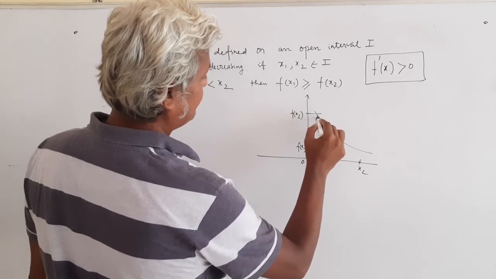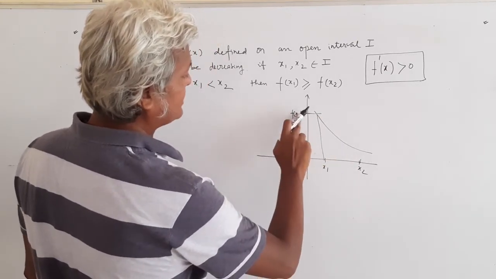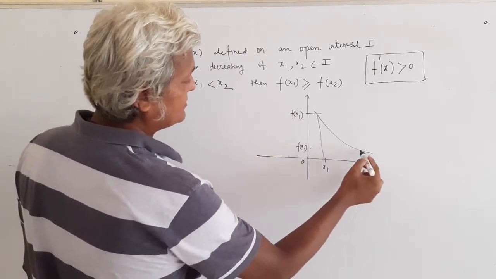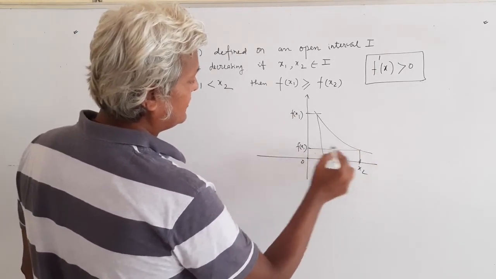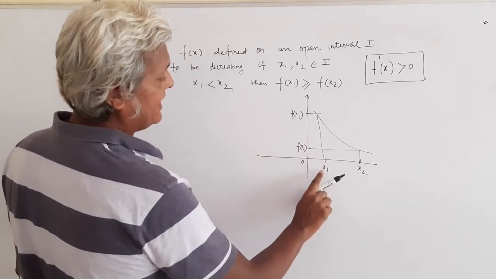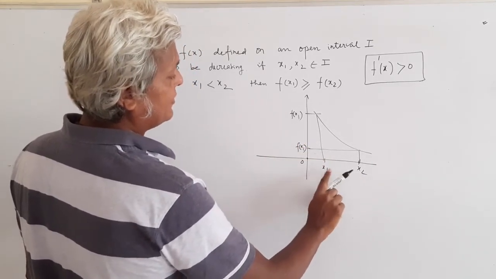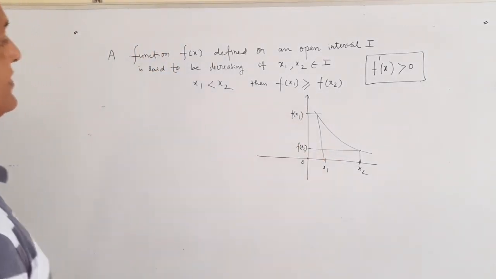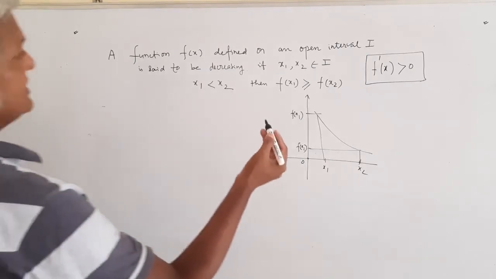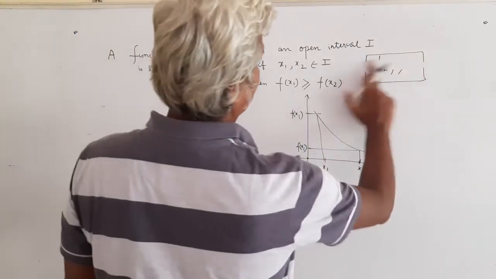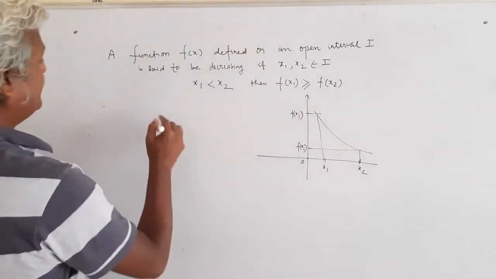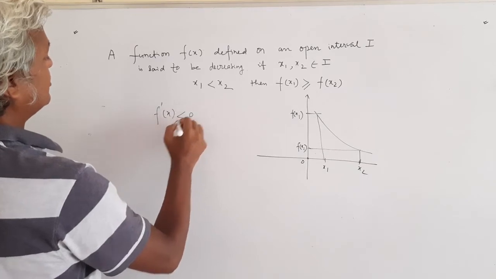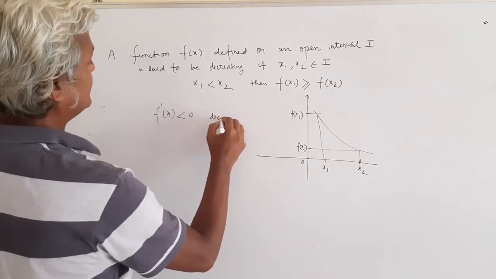Means at this point x1, this is the value of f(x1), and at this point x2, the value of the function is f(x2). So you see x is increasing from x1 to x2, but the value of the function is decreasing. So this is a decreasing function. Now in terms of derivative, if f'(x) is less than 0, it is called a decreasing function.